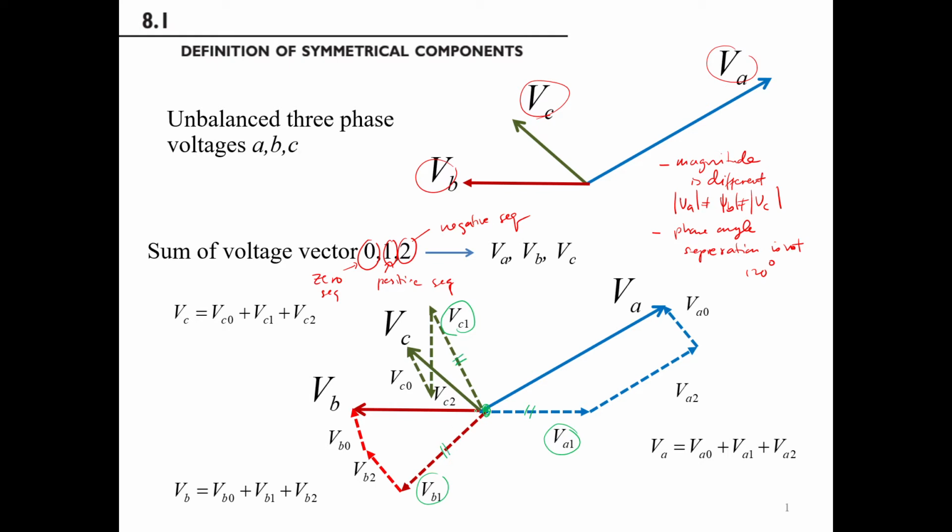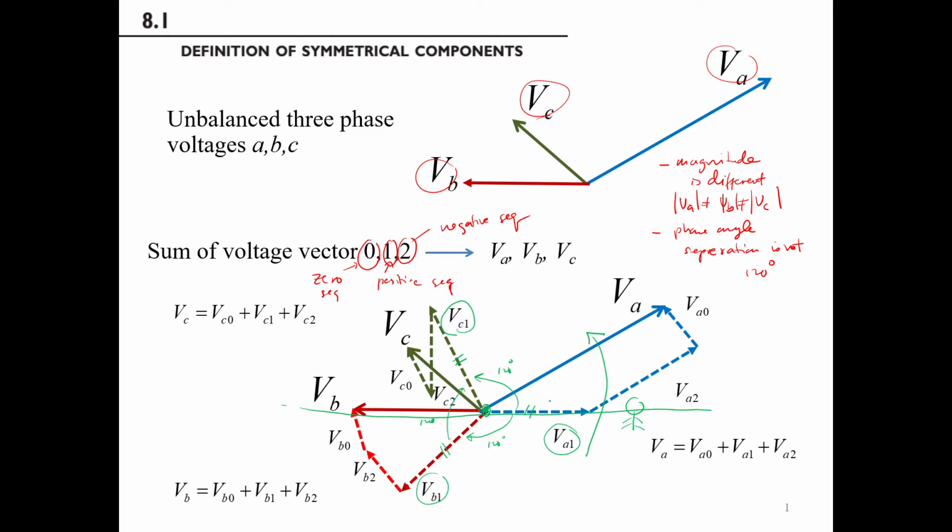VA, VB, VC in positive sequence, and the phase separation is 120, 120, 120. If you stand at the zero reference and rotate the vector counterclockwise, then you see the A phase coming first, entering the goal first, followed by B and followed by C.